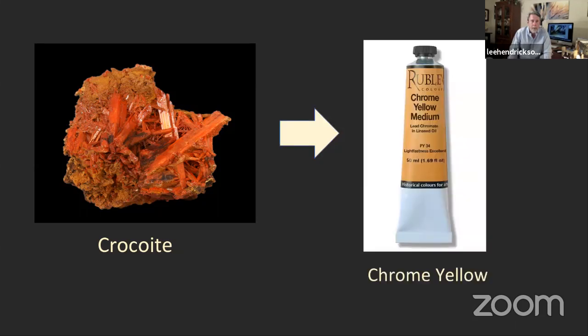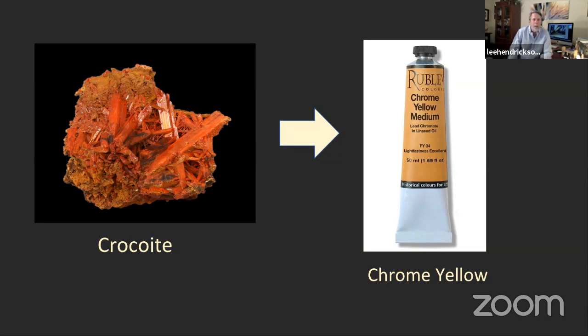The thing that was interesting about it was that it could be made into a pigment and used as a paint for painters. But of course, anything that's sourced from a cave in Siberia is going to be super expensive. But a chemist stepped in, isolated the compound in there, which is chromium, it's actually an element, and started making pigments using this isolate from this crocoite mineral.